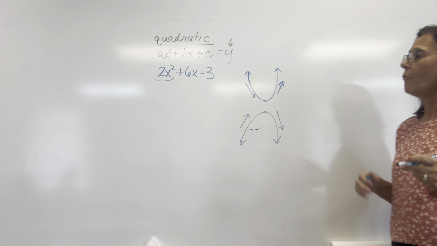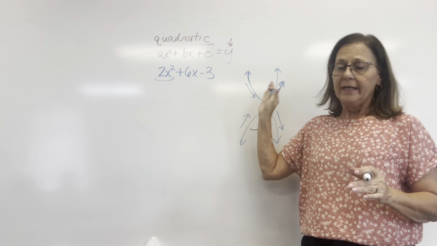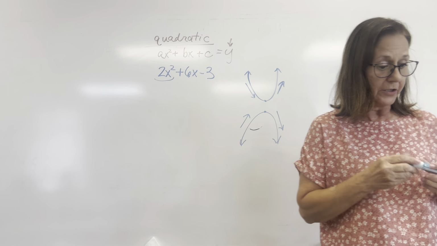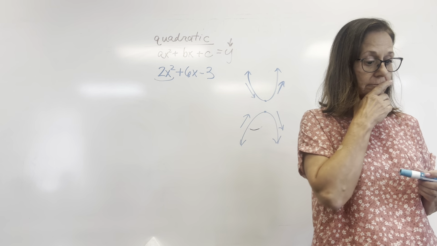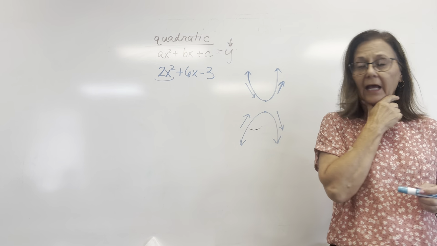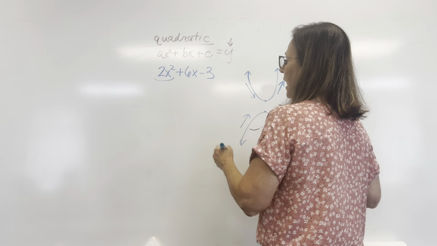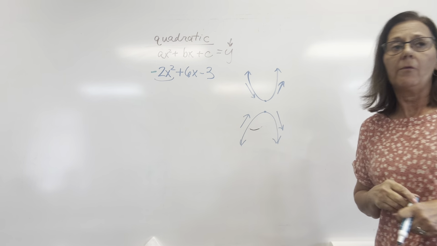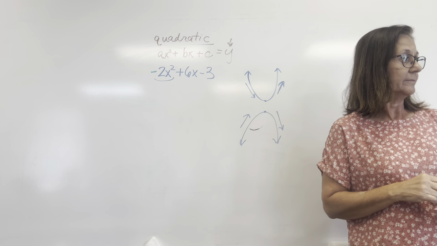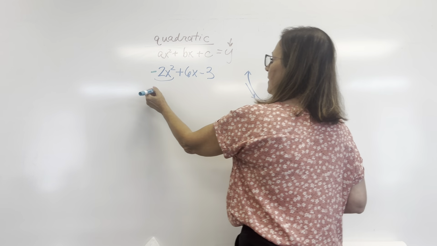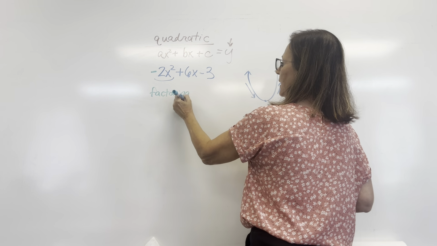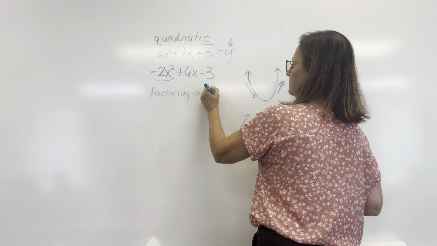But before we factor a quadratic, it has to be in descending exponential form. All right? If I begin with a negative out front, I want to factor the negative out. So, factoring is really division.